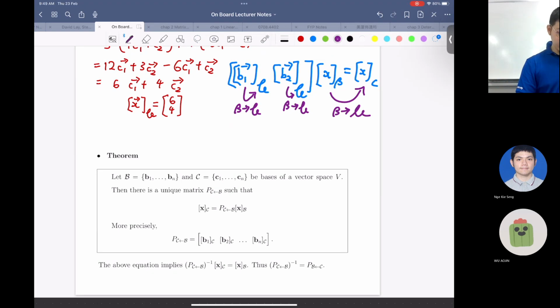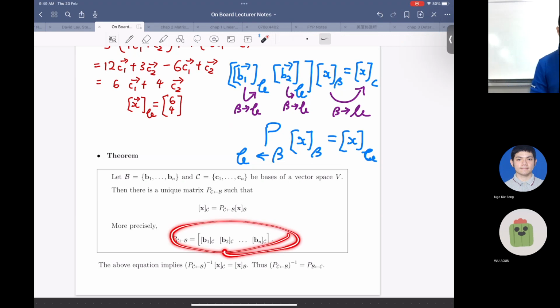So let's rename this matrix as P_B to C, such that when you multiply the coordinate vector in B, you will get the coordinate vector in C. Okay, this is unique. And this theorem tells you how to get it.